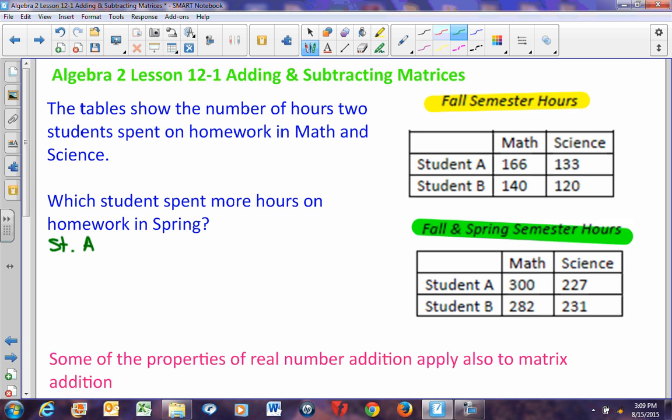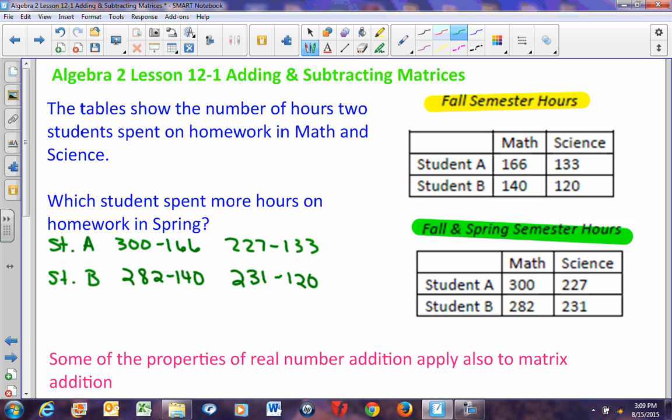If you look at student A, you have 300 minus 166 for math, and you have 227 minus 133 for science. And for student B, we have 282 minus 140 for math, and we have 231 minus 120 for science.